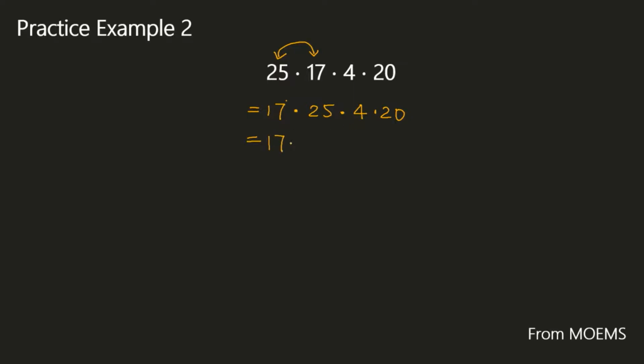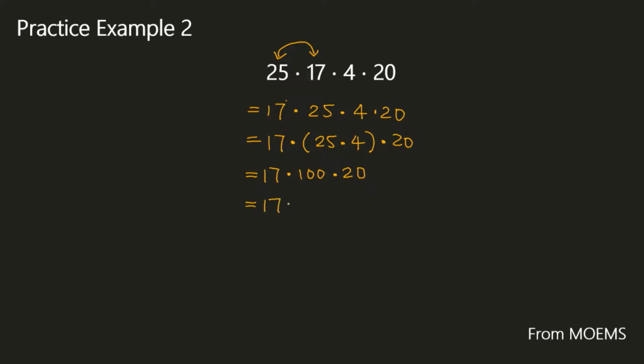So this becomes 17 times parentheses 25 times 4 parentheses times 20, okay, which is equal to 17 times 100 times 20. Next, I'm going to use associative property again and group 100 and 20 together to compute them first.